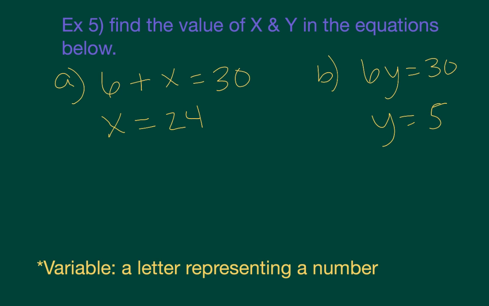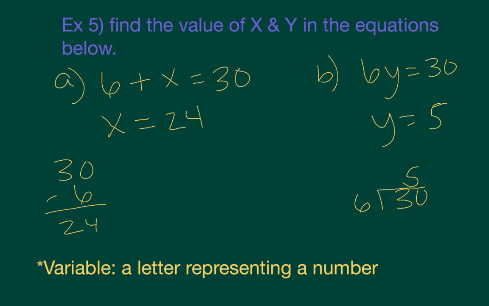Now the question is, how did you come up with these answers? How did you mentally think about how you got your answers for these variables? If you notice, you took 30 and you subtracted 6 to get the 24. And for b, you took your 30 and you divided by 6 to get your 5.